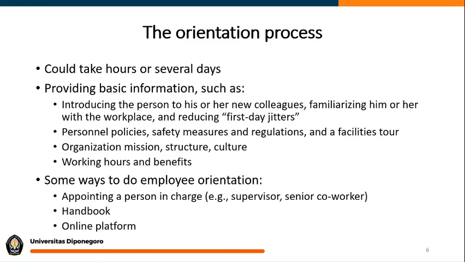In case there is a fire, what you need to do, and so on and so forth. And it might also include a facilities tour. I already mentioned it. During the orientation process, you might want to show where the parking area for the employee is and where the parking area for the bus is, for example.